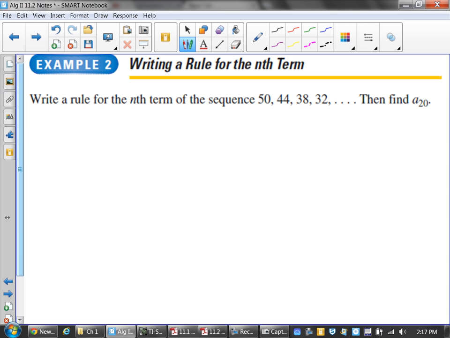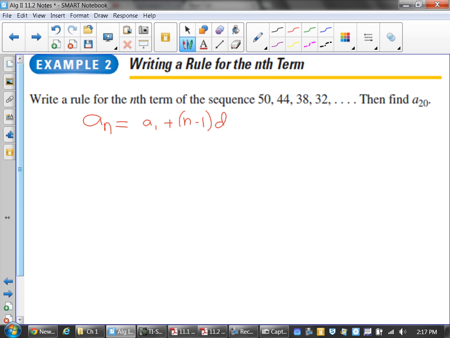It starts at 50, 44, 38, 32. It subtracts 6. I'm going to do this with each and every one of these problems, and I hope you do the same because it will help you remember these. Write out the generic formula. The nth rule is first term plus n minus 1 times your difference.